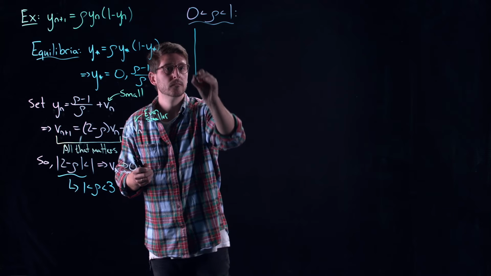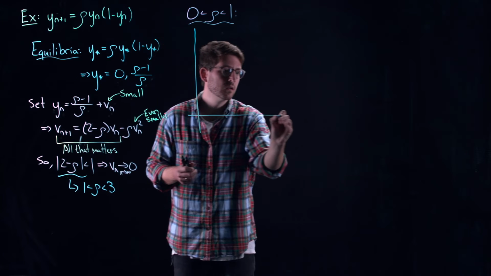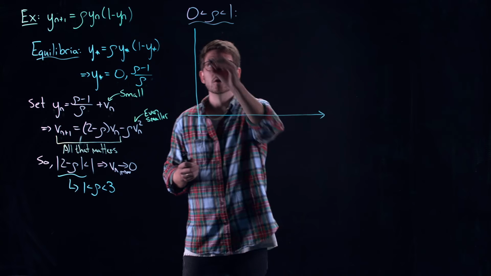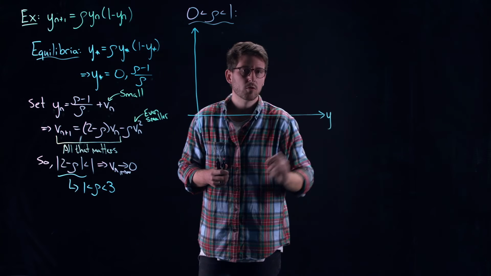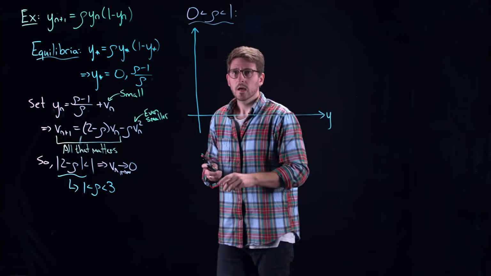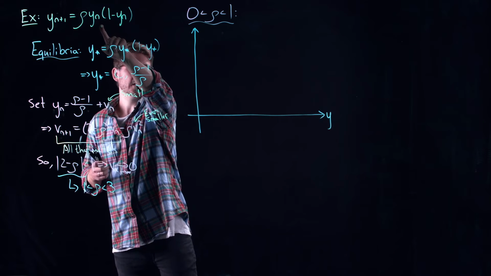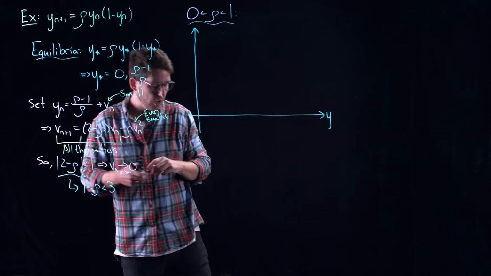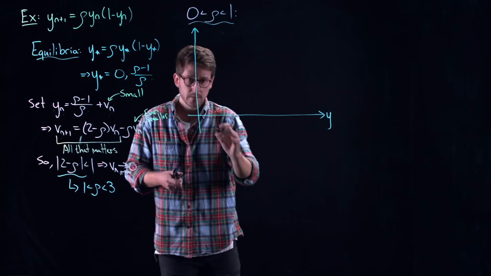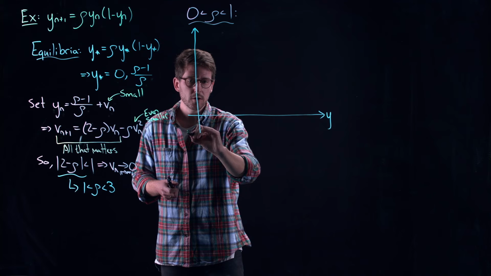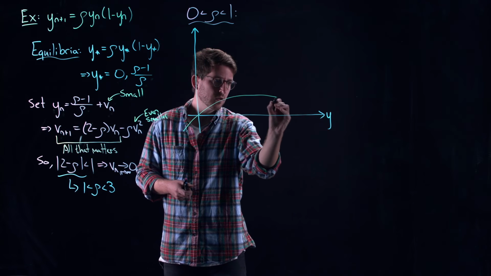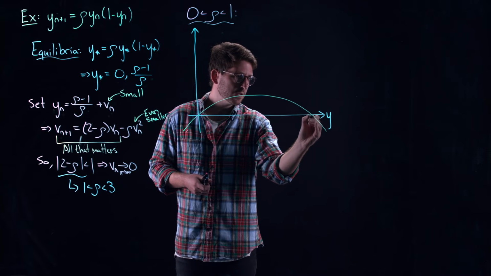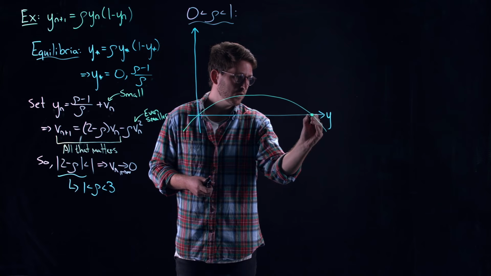So what I'm going to do is I'm going to put y along the horizontal axis here. And I'm going to plot this right-hand side as a function of y. Okay, so that means that I'm going to over-exaggerate this a little bit. I get something that looks like this. So here's 1.